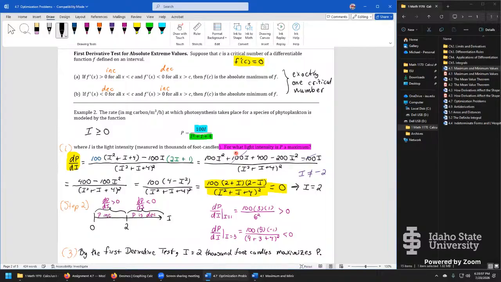And that's our overall conclusion. We have a statement of the maximum, we have a statement of where it occurs, and we have to say what test we used as well. So that's the complete rundown of the first derivative test.